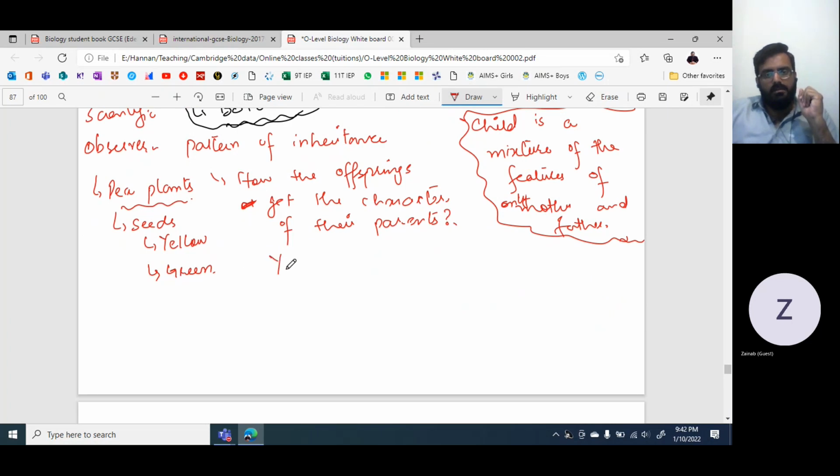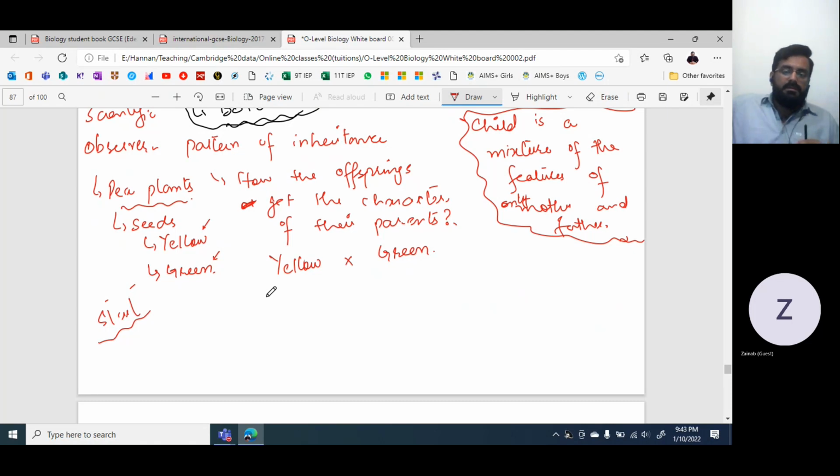He crossed one yellow parent with a parent which was possessing the green seed. Let me repeat this. The pea plant produces two types of seeds, yellow seeds and green seeds, and Mendel started the experiment. This is the beginning of Mendel's experiments, in which he started by cross-fertilizing or crossbreeding the yellow seed producing parent with the green seed producing parent.